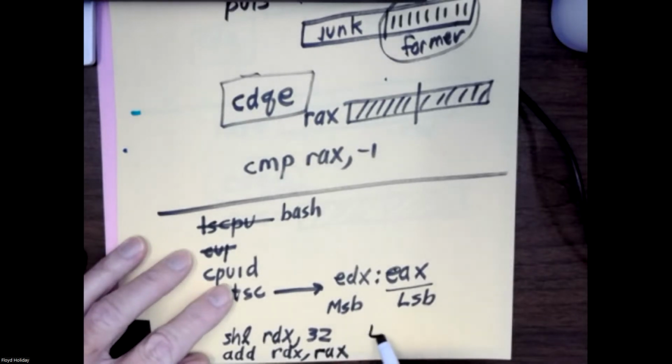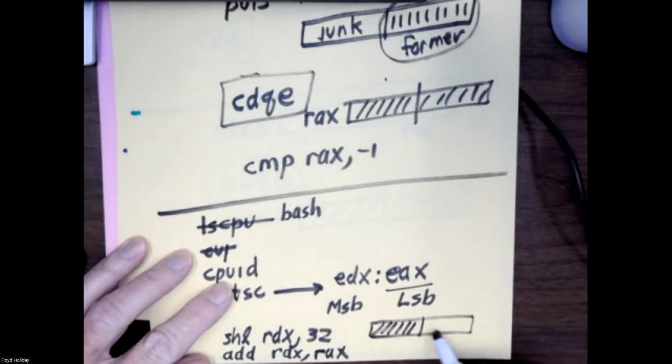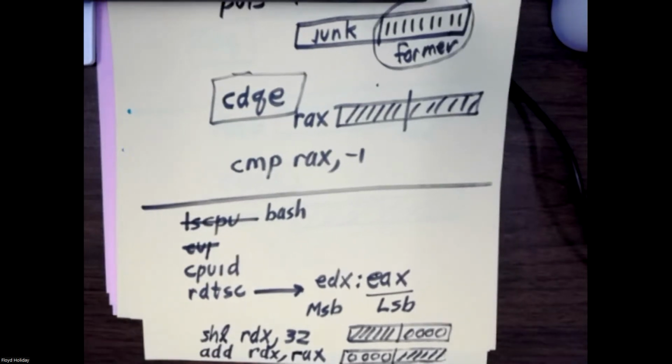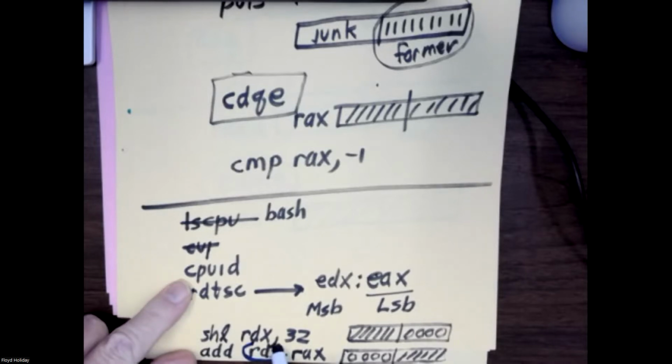In picture form, we're adding a register that has data here and zeros here, and the other register has zeros here and data over here. So when you add them, the zeros don't have any effect, and you are smashing together the two 32-bit subregisters, and you get one final number. The final number is in RDX. That's your count of ticks.